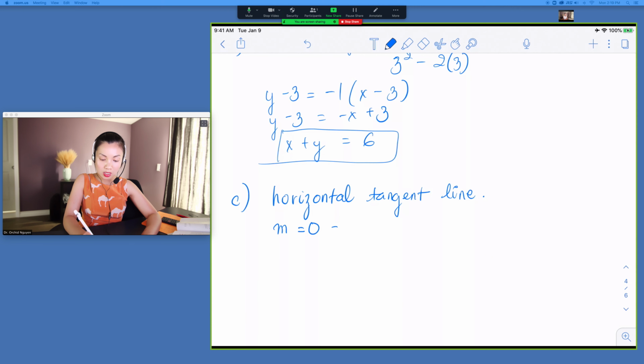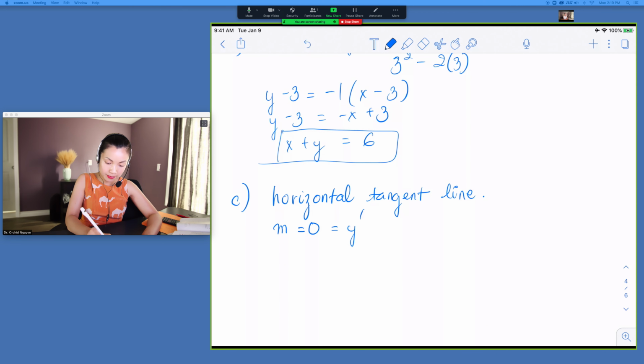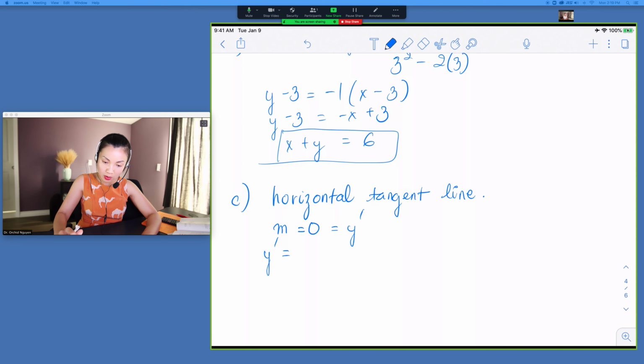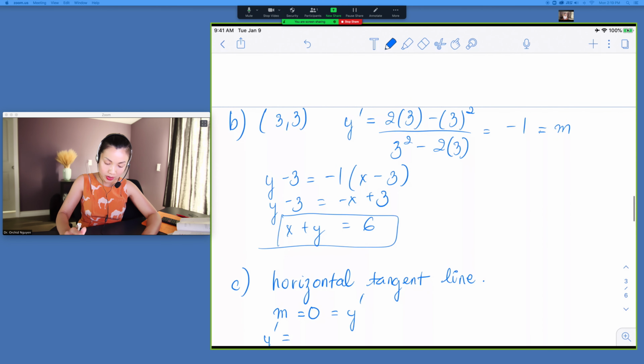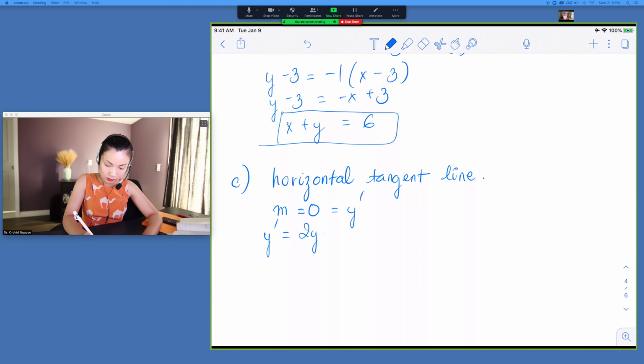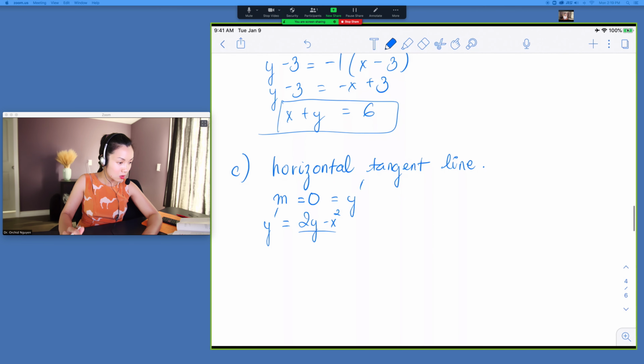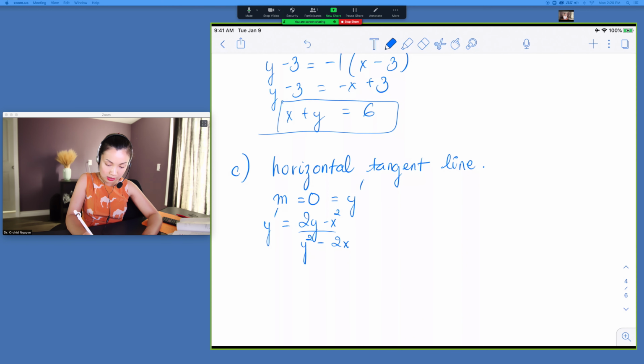The slope is the derivative. Okay, so we're gonna use y prime, the y prime that we found in part 1, which is 2y minus x squared over y squared minus 2x. All right, and then we're gonna set it equal to 0.